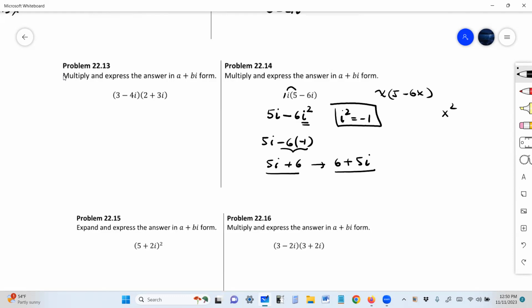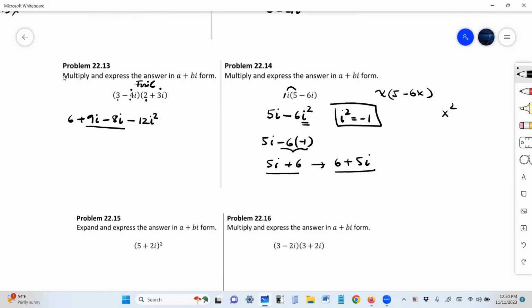All right. 22.13, this is the case where I have to FOIL just as before. So we'll do 3 times 2, 6. 3 times 3i, 9i. Negative 4i times 2, negative 8i. And negative 4i times 3i is negative 12i squared, right? Just as if I had 4x times 3x.